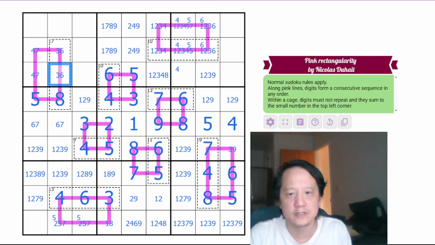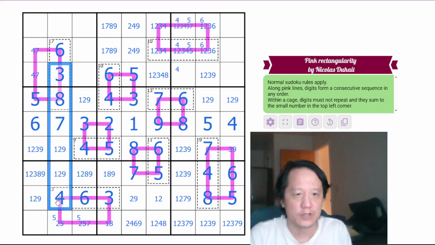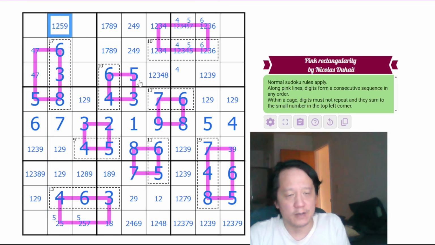6 eliminates 6 there, so it's 3 and 6. 6 eliminates 6 there, so it's 7 and 6. No 7 here because of 4, 7 pair in the column. No 7 here because of 7 in the column. No 3 here because of 3 in the column. Remaining digits in column 2 are 1, 2, 5, and 9. 6 eliminates 6 here.